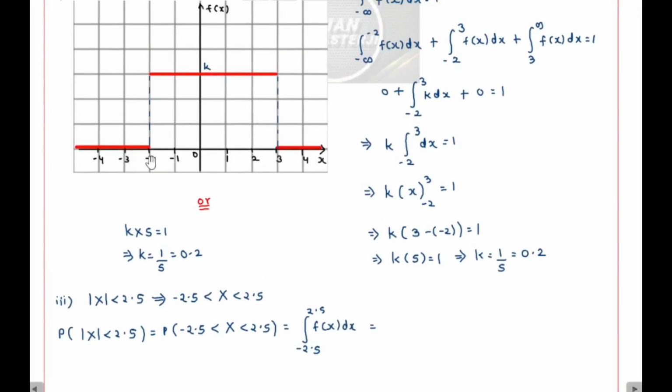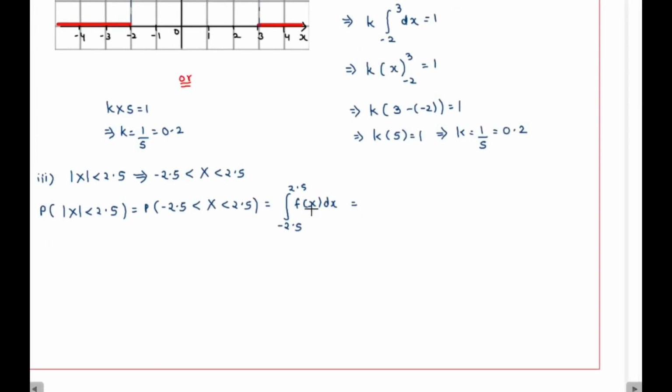From -2.5 to -2, f of x is 0, correct? So here I will have to split this integration, the limits, into two parts. One is from -2.5 till -2, and from -2 till 2.5.